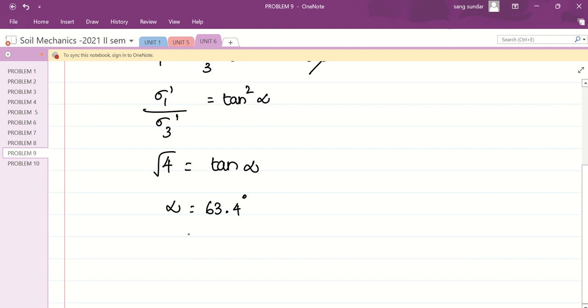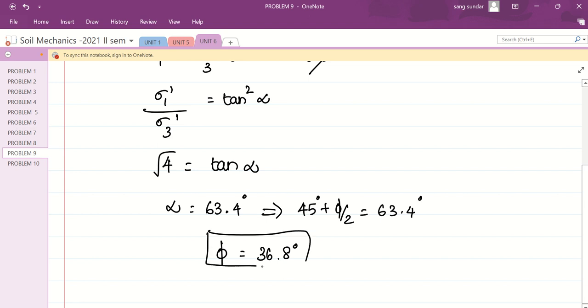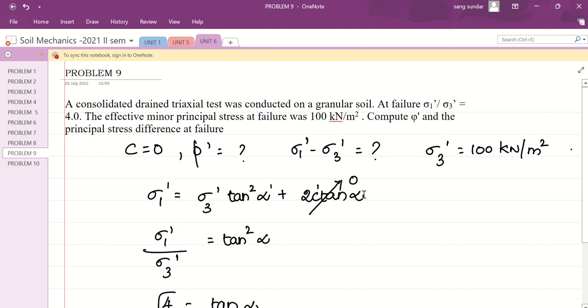Since alpha is 63.4 degrees, our 45 degree plus phi by 2 is once again 63.4 degrees. That gives you your phi value as 36.8 degrees, right? Fine. And this is not phi, this is phi dash, because we are substituting everything at effective stress condition.